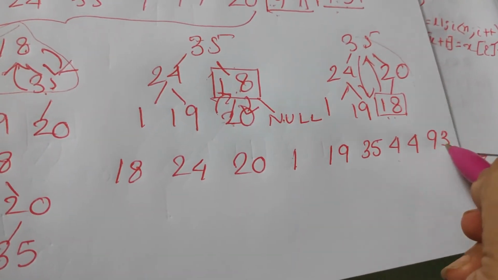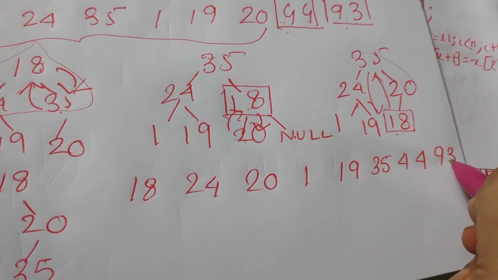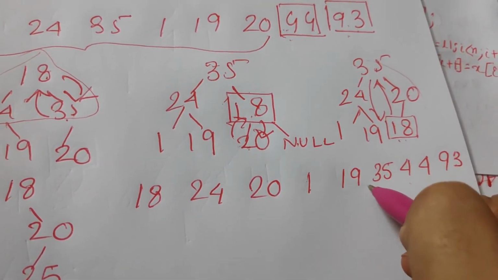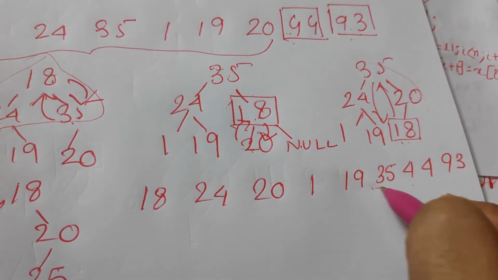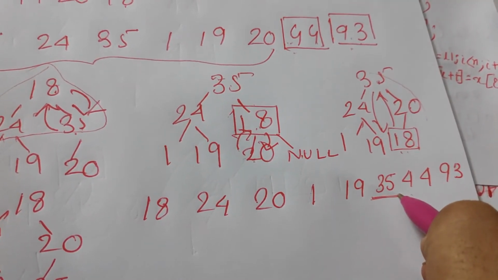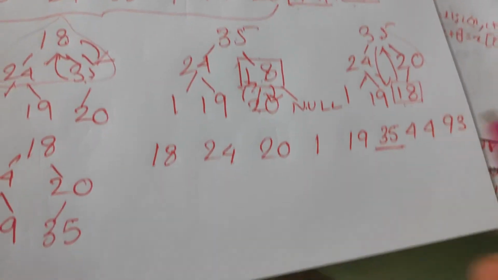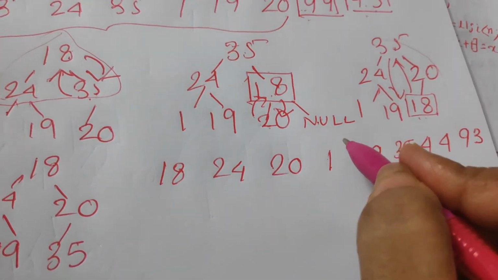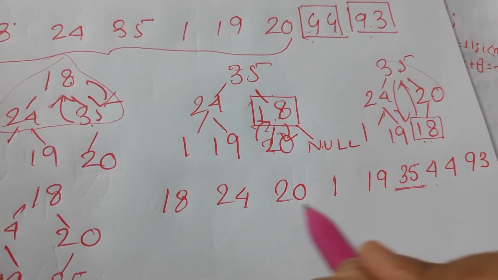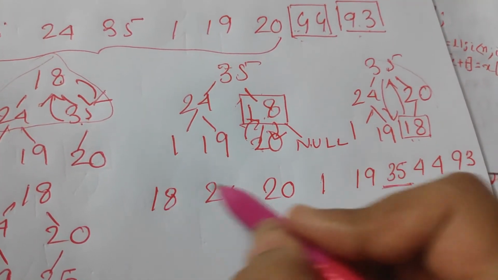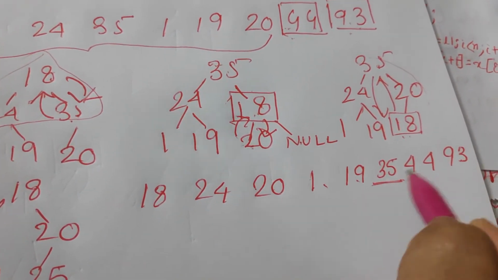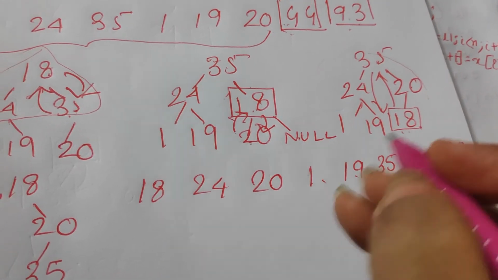Now 44 and 93 also already had their position, and now 35 has also got its position in the sorted list, right? So again we will continue with the heap with the remaining 5 numbers in the list, right?